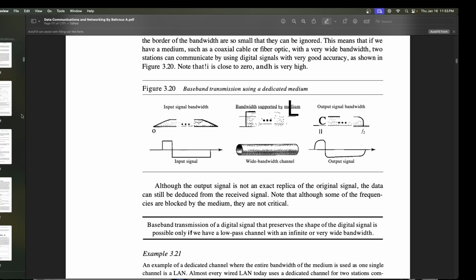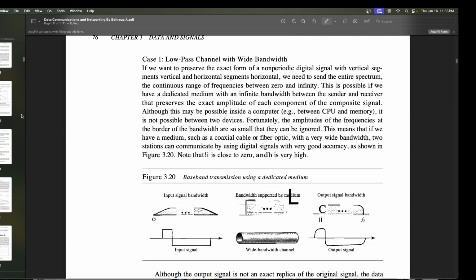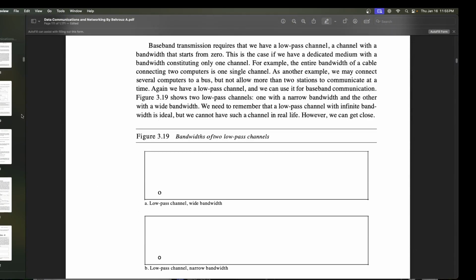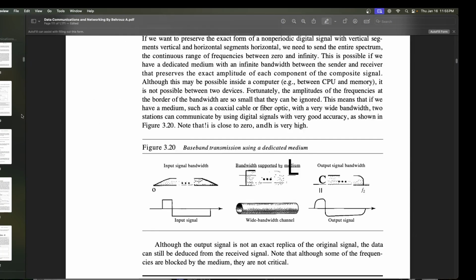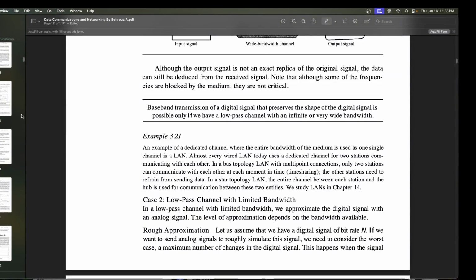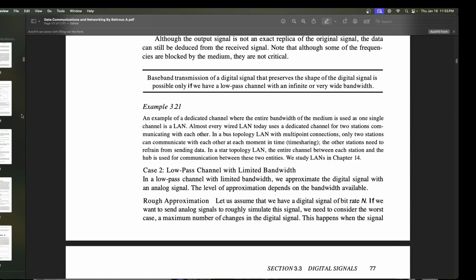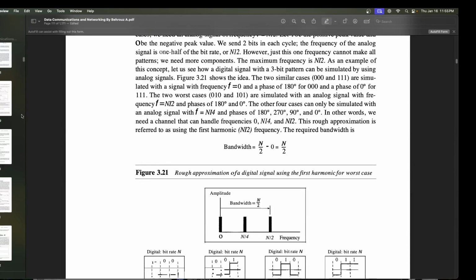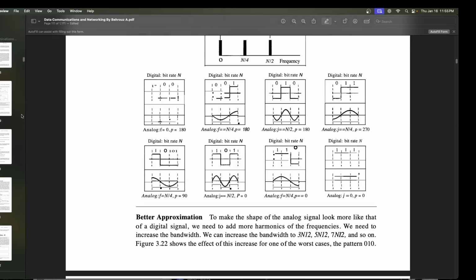The most common example is LAN. The internet also has baseband.